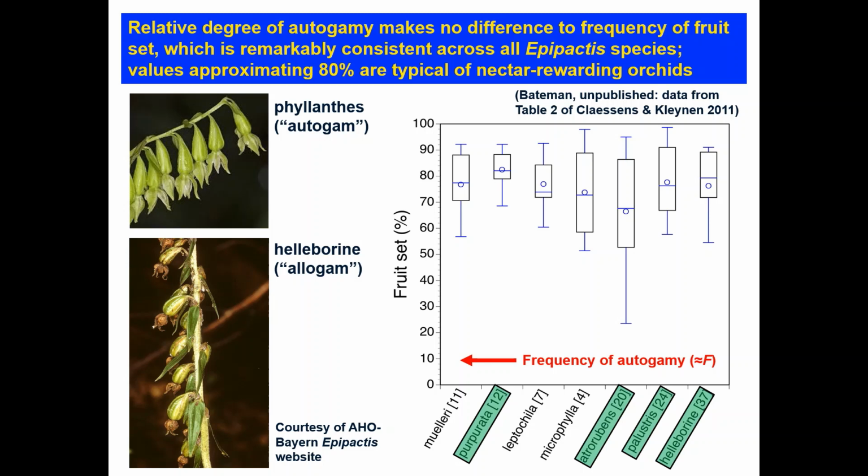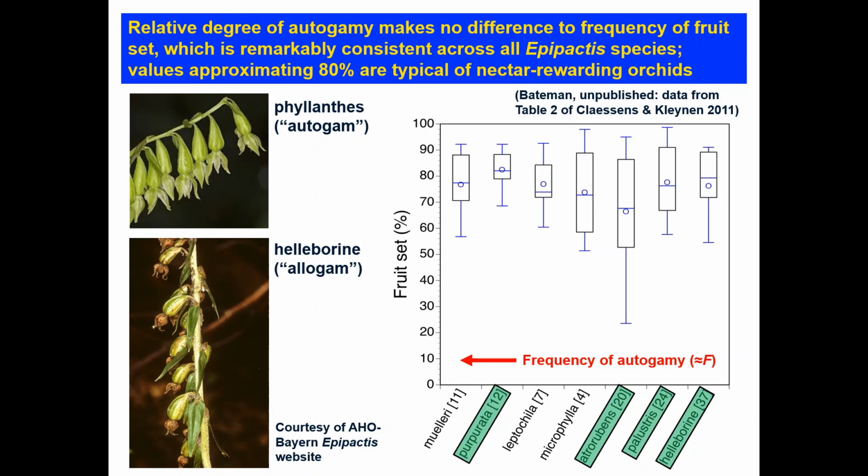Well, here I've taken a large number of studies of fruit set in different Epipactis species and summarized them in this right-hand diagram. And again, I've marked the supposedly cross-fertilizing species in green and left the self-fertilizing species not highlighted.